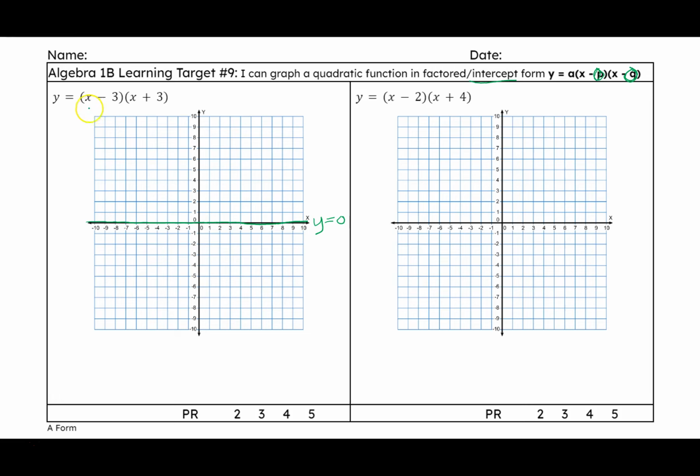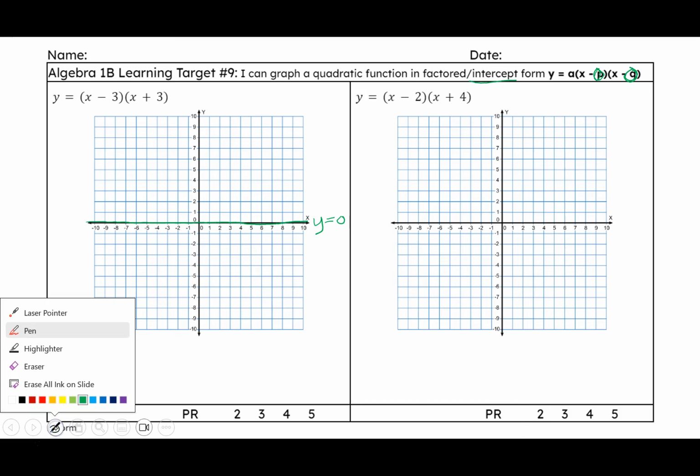And we've got a couple options. Maybe I'll make this number equal to 0. Then 0 times anything will equal 0. Or maybe I'll make this component equal to 0. 0 times whatever this is will also equal 0, and that'll give us one of the points on our x-axis. So let's try each of these.